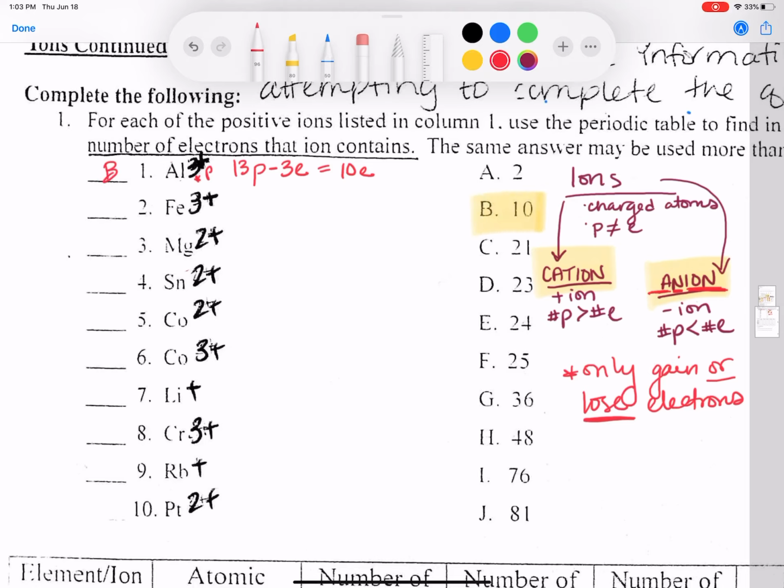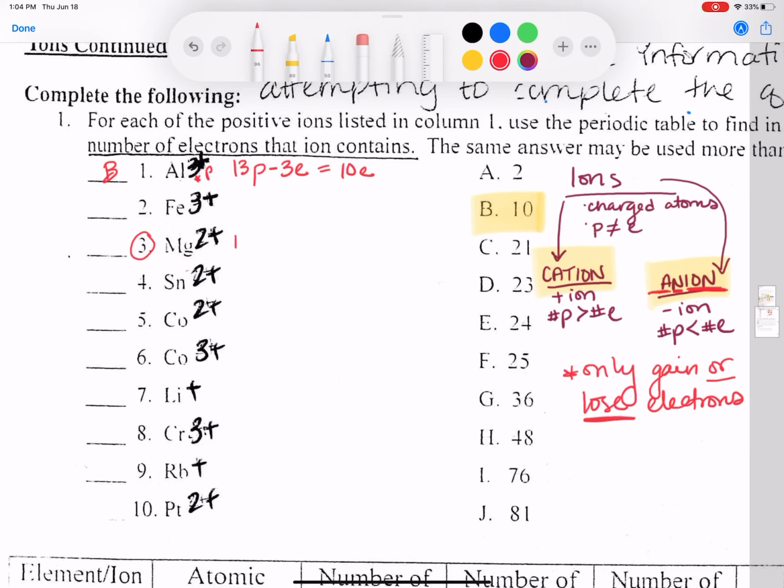I'm going to fill that out for you, and you can also use this to help you practice identifying the number of electrons. Now I'm going to look at magnesium, number 3 over here. This is Mg2+.